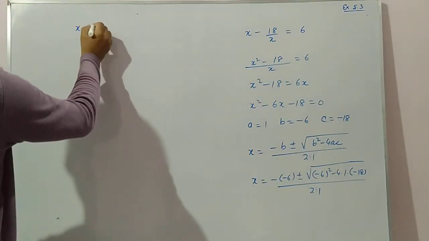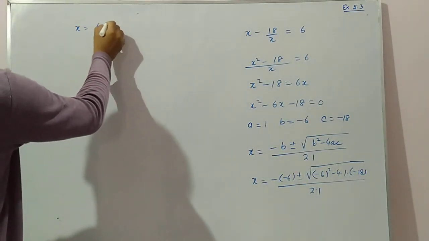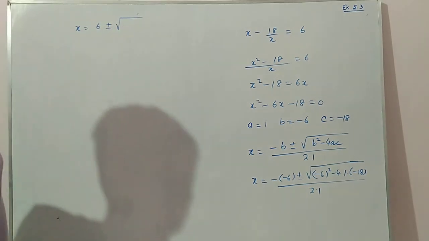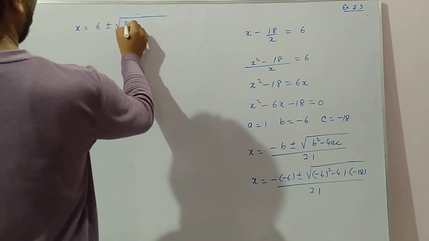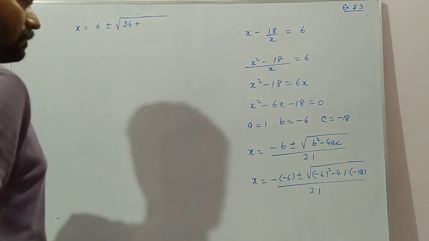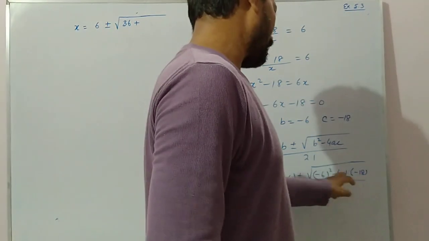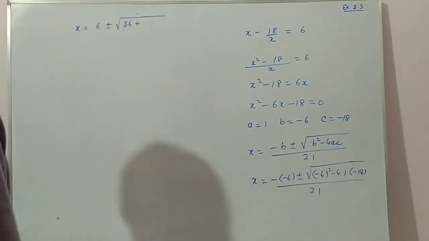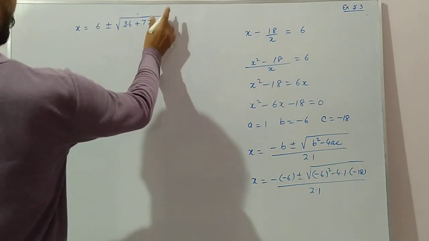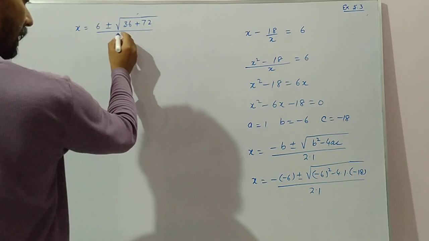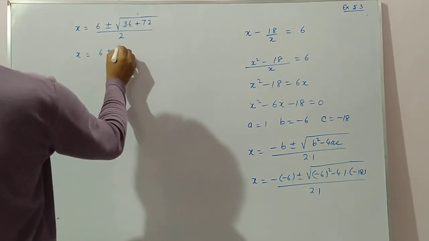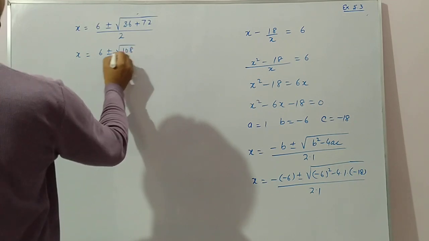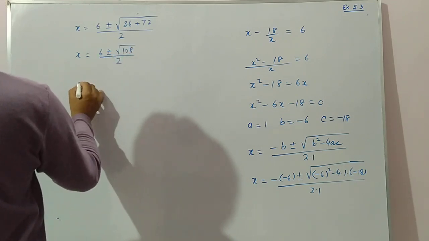So x equal to 6 plus or minus root over 36 plus 72, since 18 into 4 is 72, divided by 2. x equal to 6 plus or minus root 108 by 2.